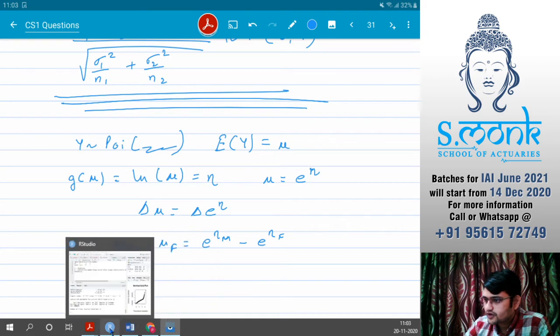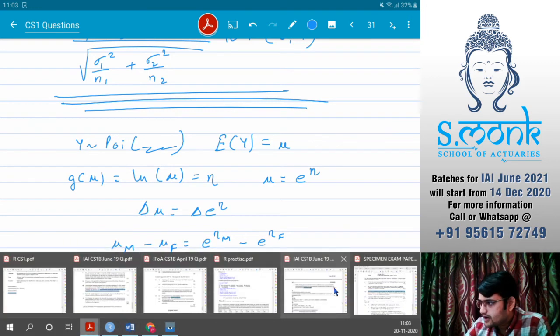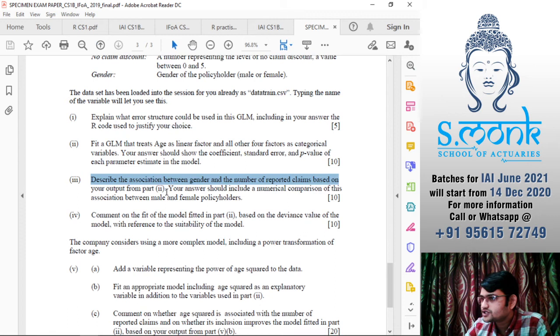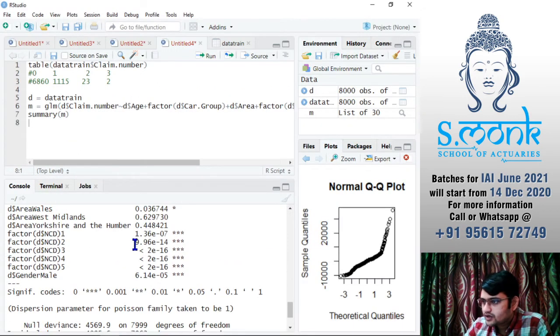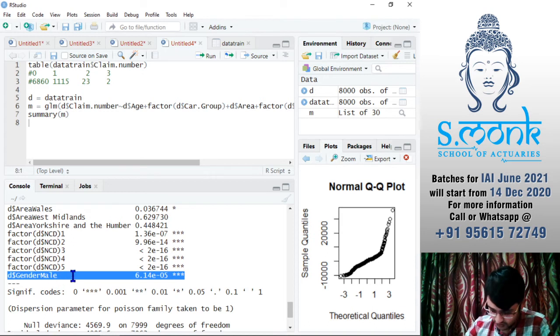So the question says, describe your association between gender and the number of reported claims based on your output from part 2. If you look at your gender value, you literally have only one value, male, because whenever you're talking about a factor, one level is taken as 0 and the other is relative to 0.